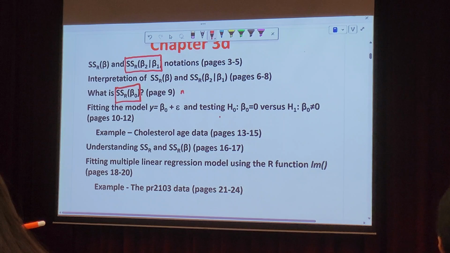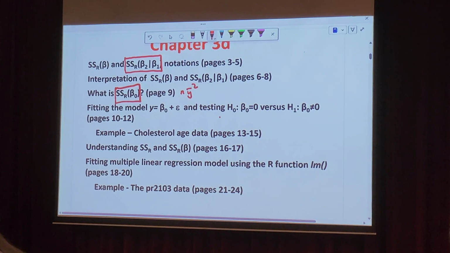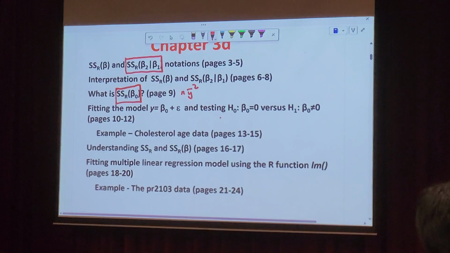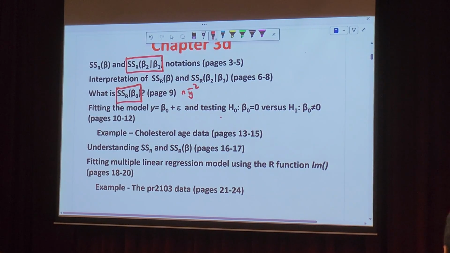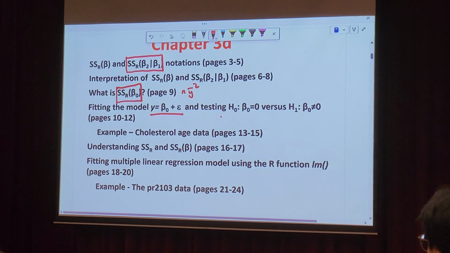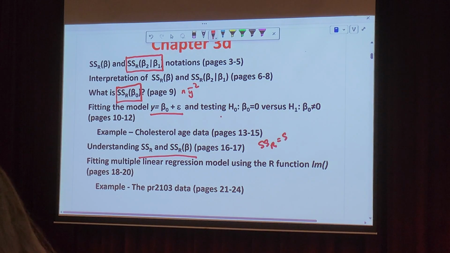This is n y-bar squared. Always true, no matter what model you fit. Because when you say y-bar like beta naught, you are just fitting this. And what's the difference between these? SSR is SSR of the vector minus this.